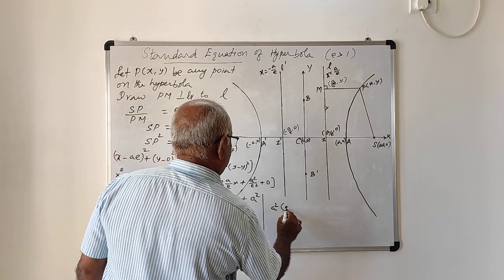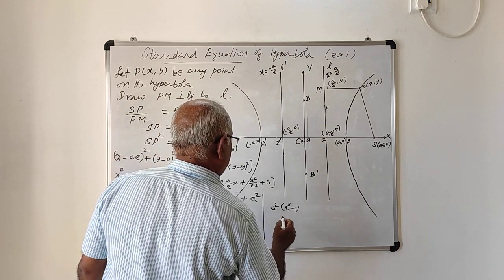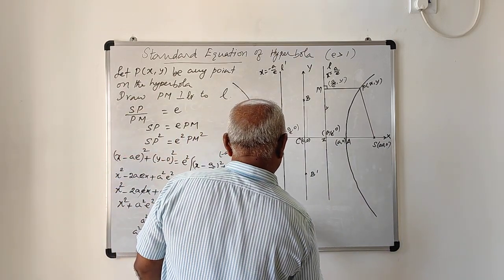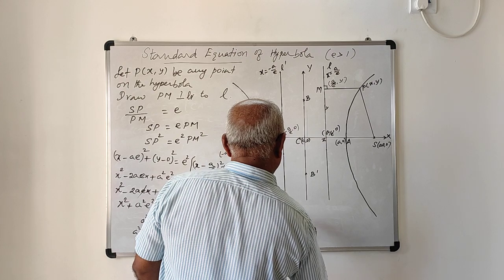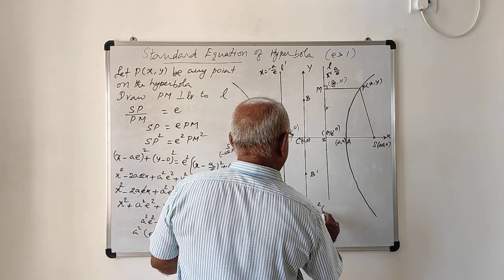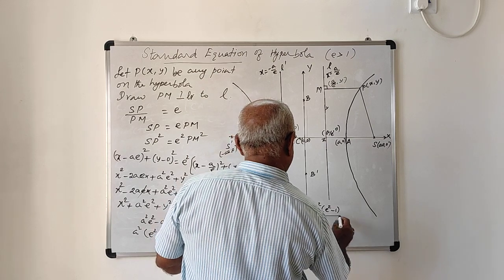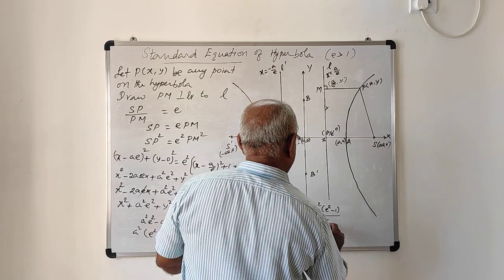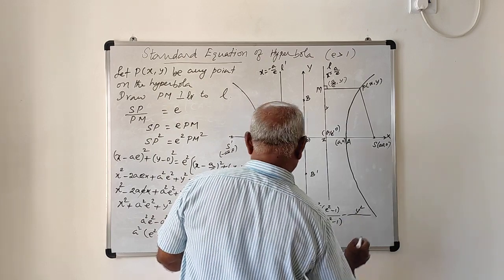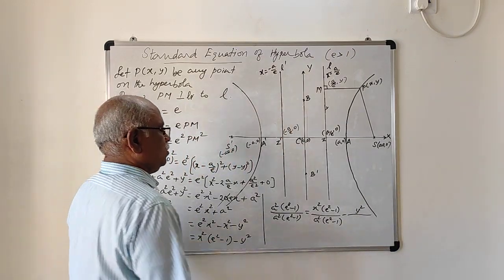A square into e square minus 1 by a square into e square minus 1 equal to x square into e square minus 1 by a square into e square minus 1 minus y square by a square into e square minus 1.